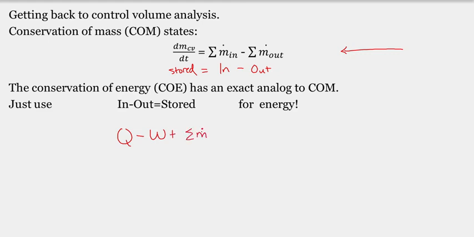We also know now that for control volume systems, there's mass flow into and potentially out of the control volume. And that mass carries with it energy. So we know that all the different mass flow rates into the system carry internal energy plus kinetic energy plus potential energy.